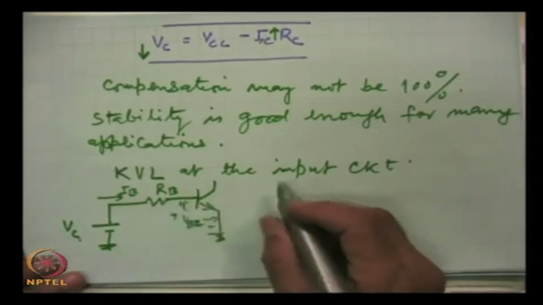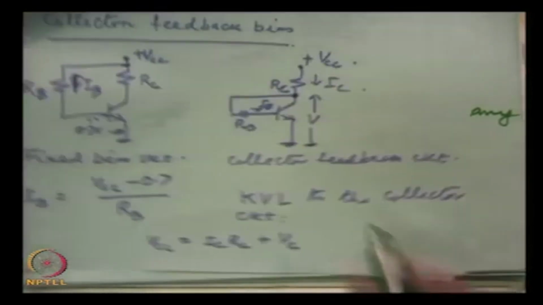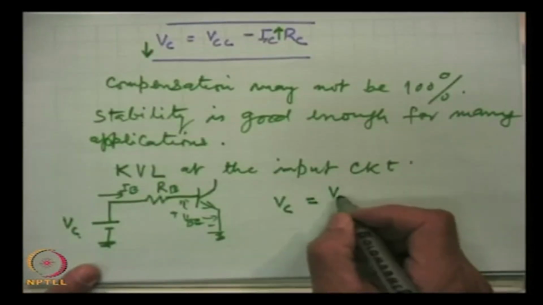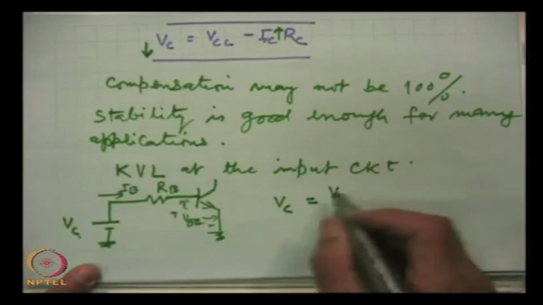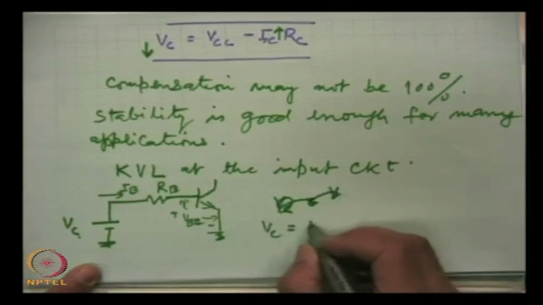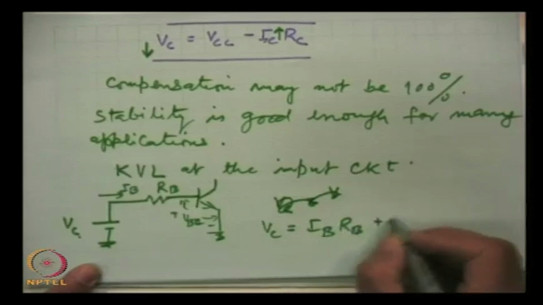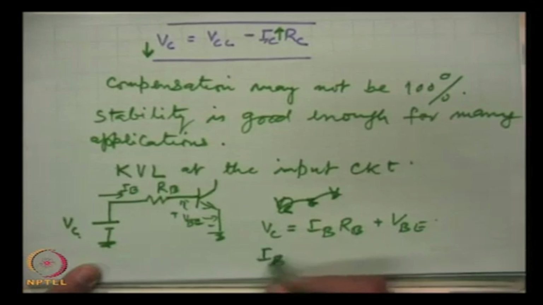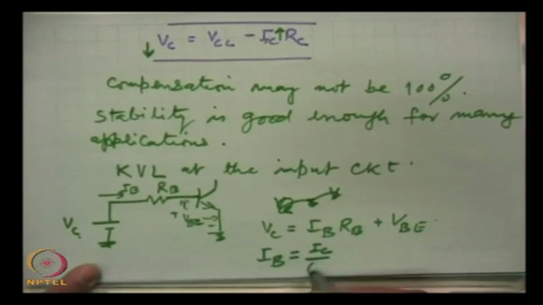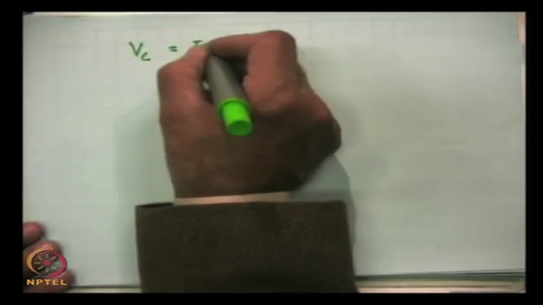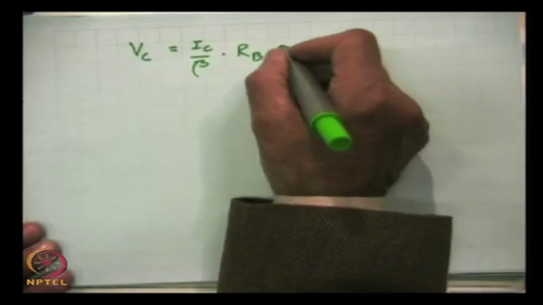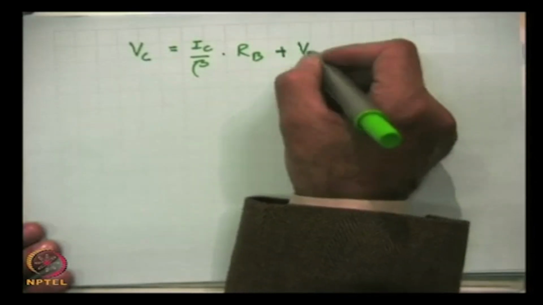So then we will get Vc equal to IB into RB plus VBE, and using the relation IB is equal to IC by beta, we get from here Vc is equal to IC by beta RB plus VBE.